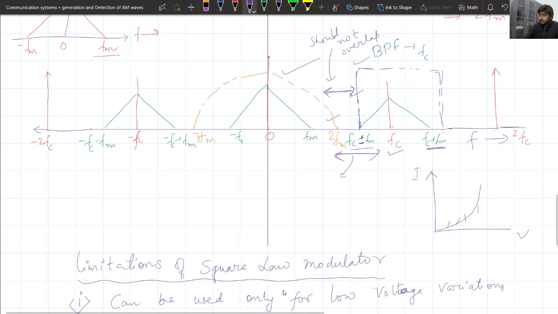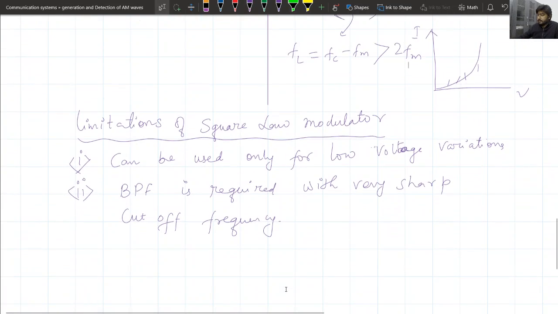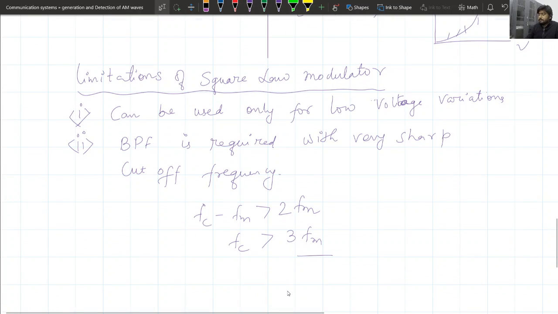So, if you see here, then the lower cutoff frequency of the band pass filter, which is fc minus fm, must be greater than 2 times the maximum frequency of the message signal. We can write here that is fc minus fm must be greater than 2 fm, then fc must be greater than at least 3 times the maximum frequency present in the message signal.